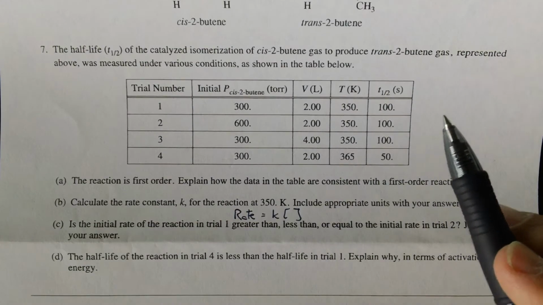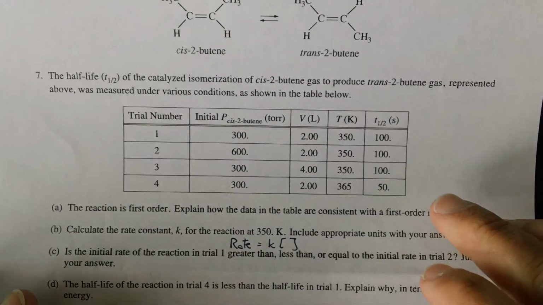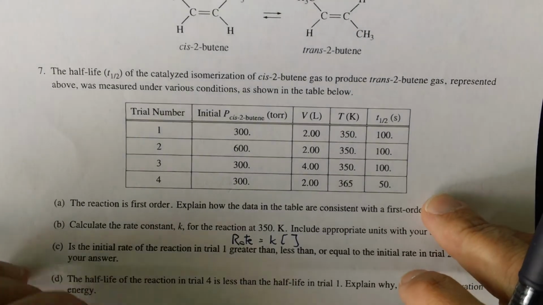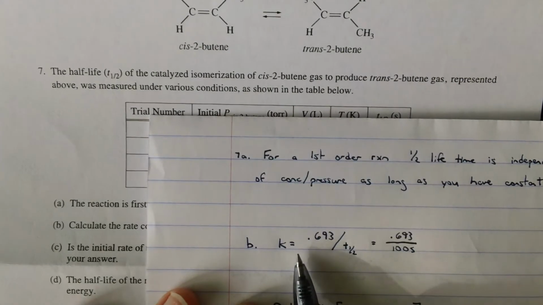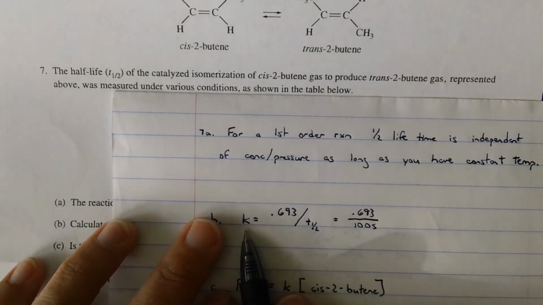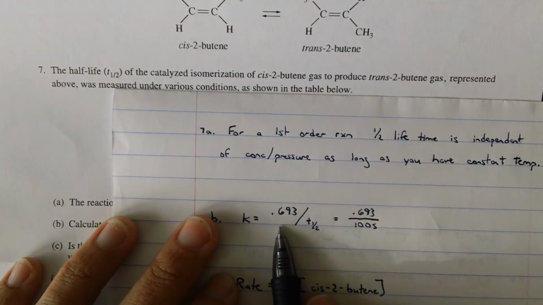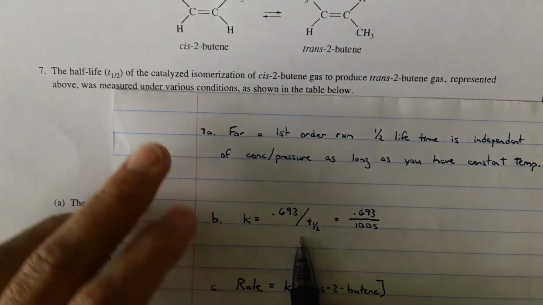This is where we fall back on the formula sheet, an equation I gave you. First order reactions all have the same formula to solve for half-lives or k's. It's right off the formula chart: the rate constant is equal to 0.693, which we derived in class, over half-life time.